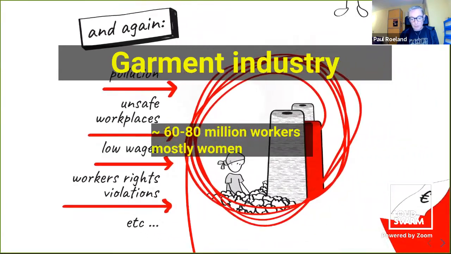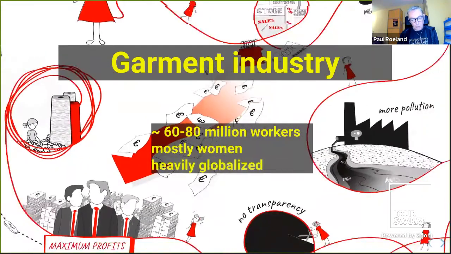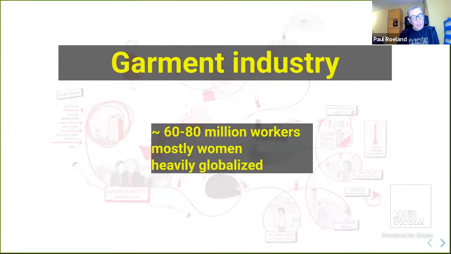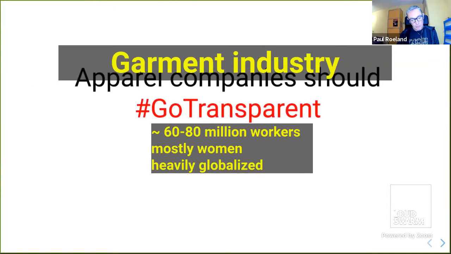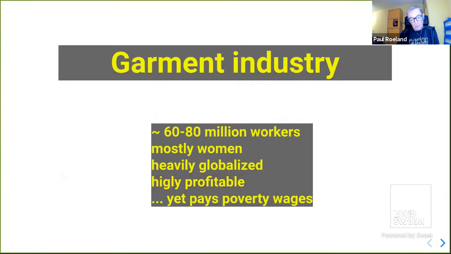Most of them are women, up to three quarters or 80%, mostly in the global South, in Asia, in Latin America, and increasingly in Eastern Europe again. It is highly profitable, but it pays poverty wages, and it is still extremely profitable, even within this global pandemic.